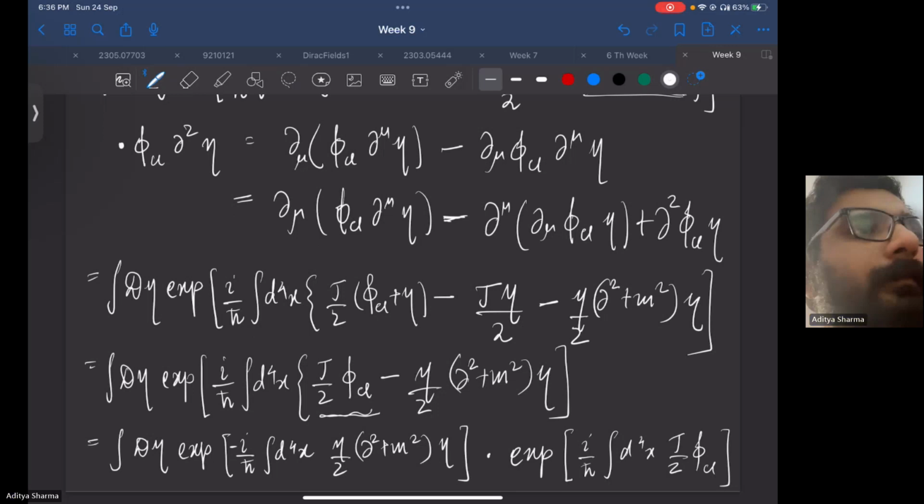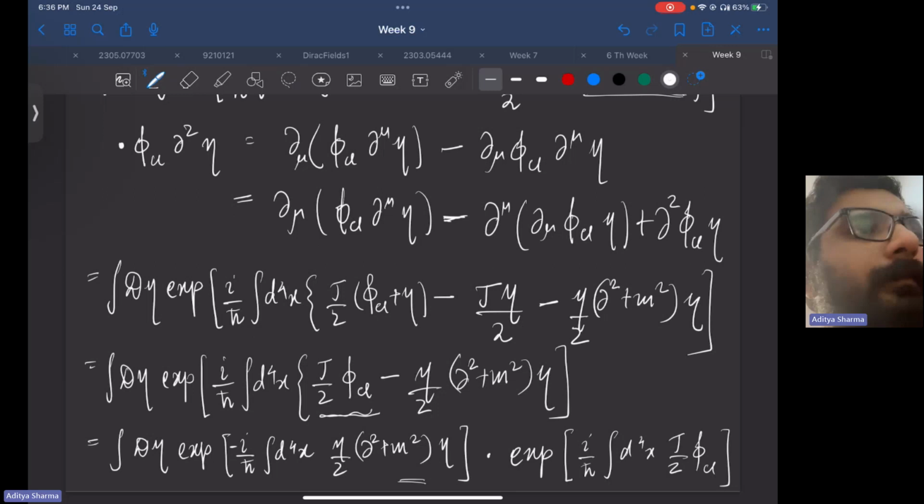Okay, great. Now, this part is something, if you remember how we were doing it earlier. When I was showing you how taking the variation works, I said that this will contribute towards the normalization.